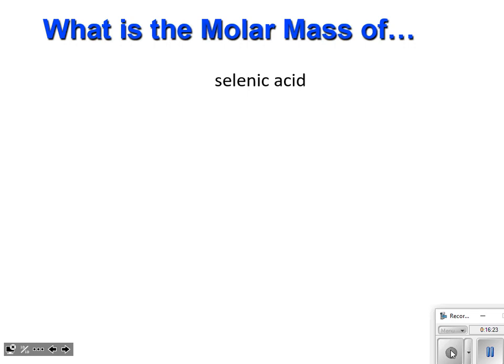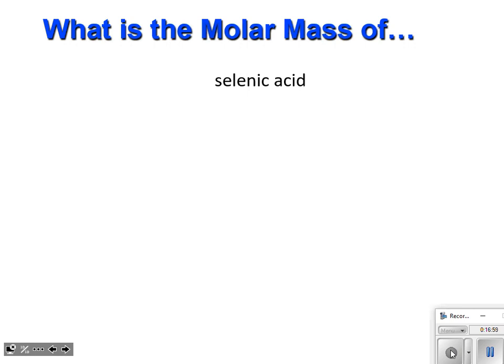Now, I put this on here for a reason, and that reason is to show you that if you can't write the formula, I look at this and I have to convert back to my acid rules. This is acid rule number 3. So this is telling me that I'm looking for selenate on my polyatomic ion list. Oh, where are you? There you are.